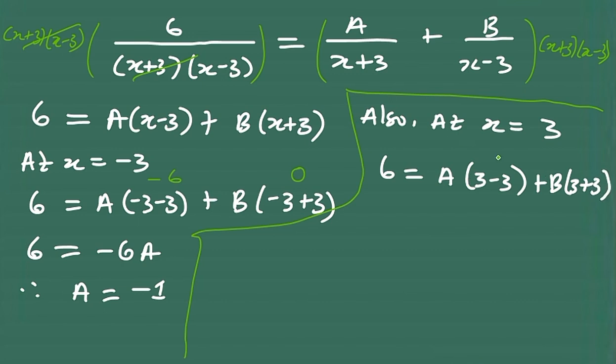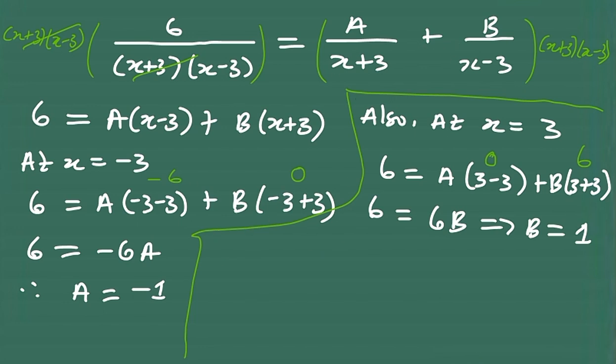Here 3 minus 3 is 0, and 3 plus 3 is 6. So we have 6 equals 6B. When we divide both sides of this equation by 6, we get B equals positive 1. So let's go ahead and substitute the values of B and A into this expression.